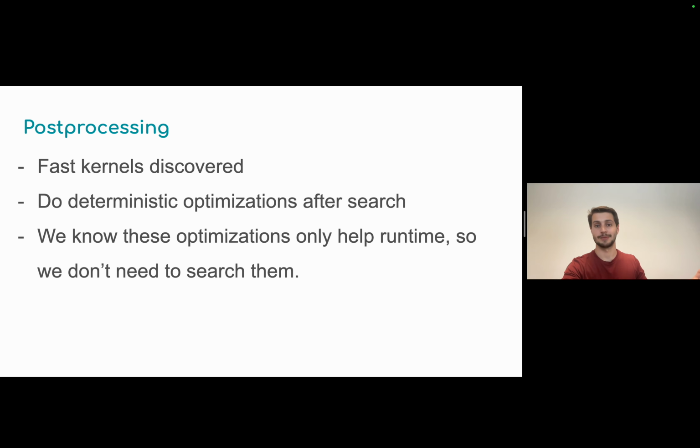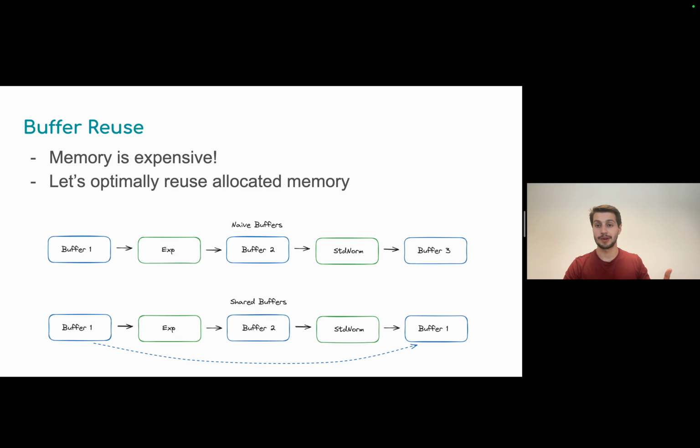And these optimizations are things like buffer reuse. Obviously we want to minimize the amount of memory we use, and so we want to optimally reuse all of our memory buffers. And because we have the entire workload specified as this big graph ahead of time, we can have our compiler go in there and say, okay, in this example right here, buffer 1 is never being used at the exact same time as buffer 3.